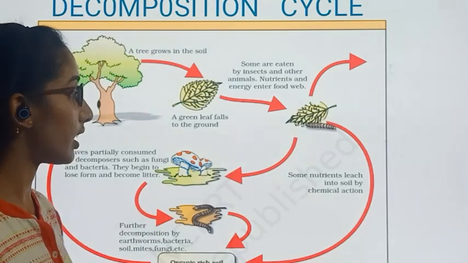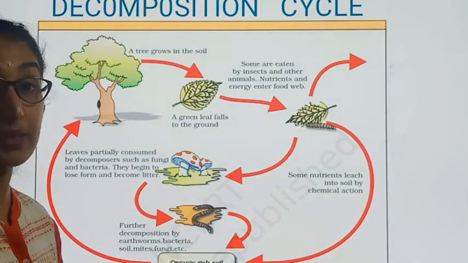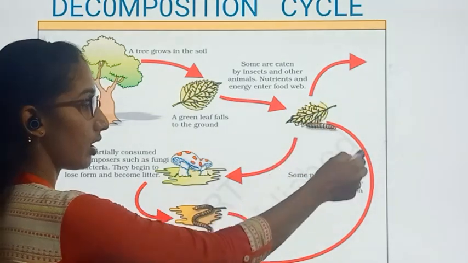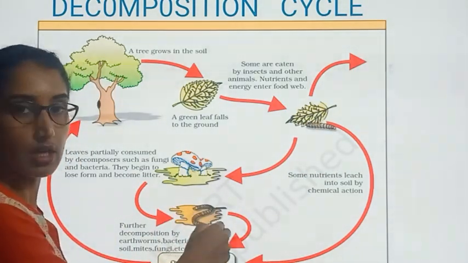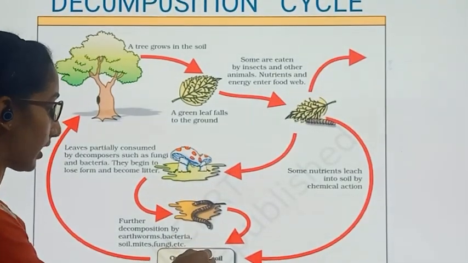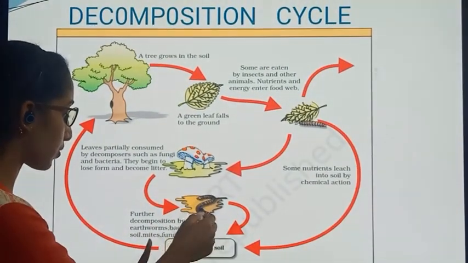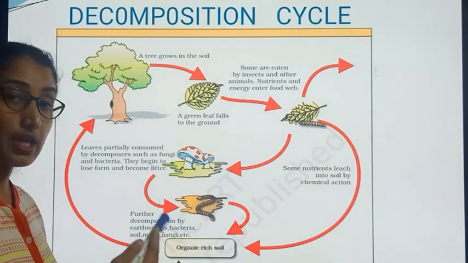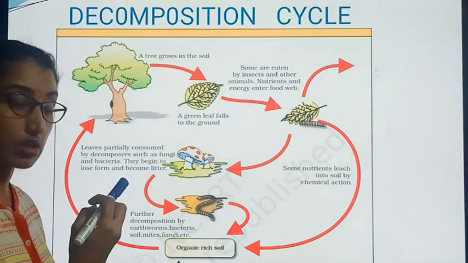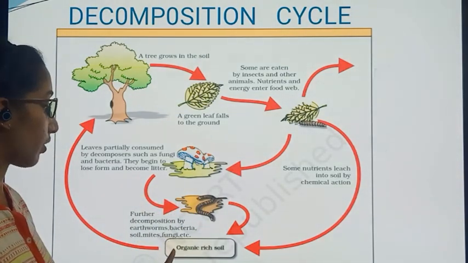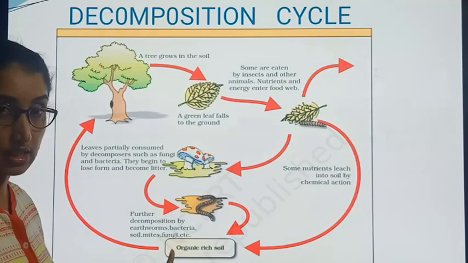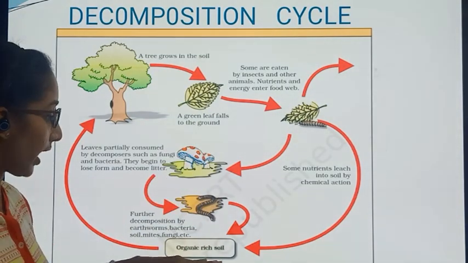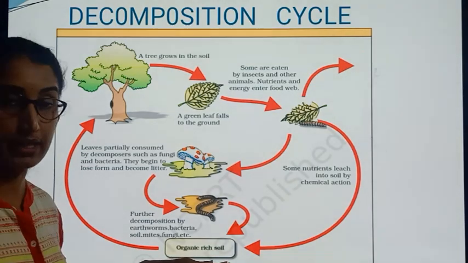Some of the nutrients reach the soil by chemical actions. Soil mites, fungi, earthworms and bacteria present in the earth may also decompose the organic substance, and finally it is fragmented.